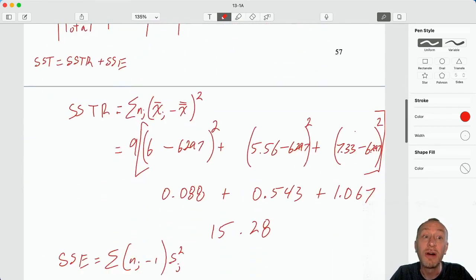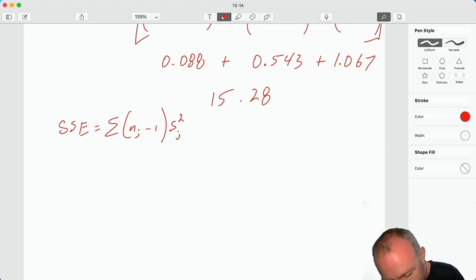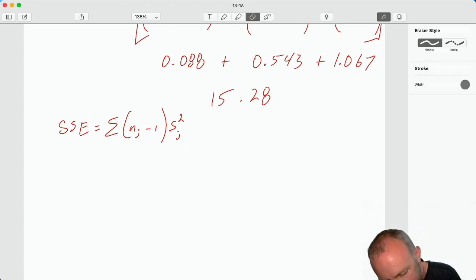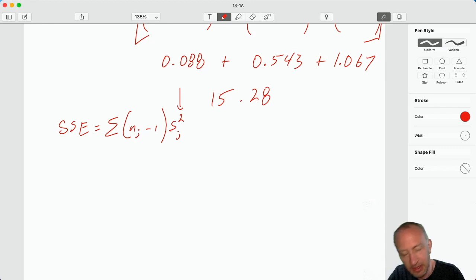It's a really common mistake that students see this squared and want to square whatever number they put in there. If you're given the variance, it's already squared. Don't square it again. If you're given a standard deviation, then yes, you've got to square that.